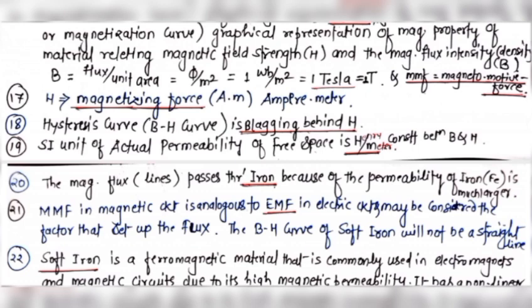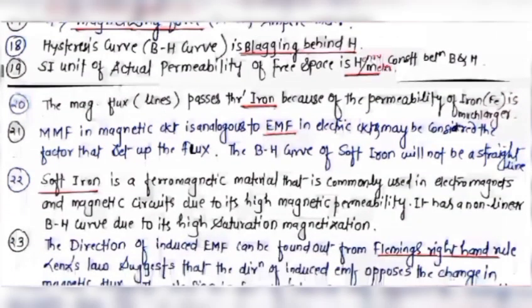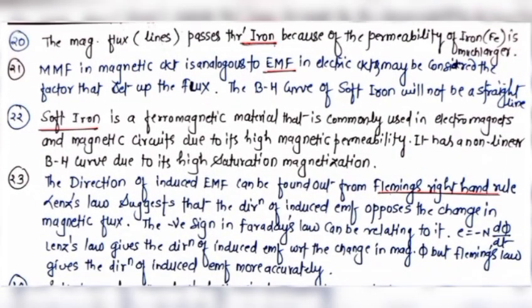Hysteresis curve, BH curve, is magnetic flux density B lagging behind H, that is field strength. The SI unit of permeability of free space is H, Henry per meter.